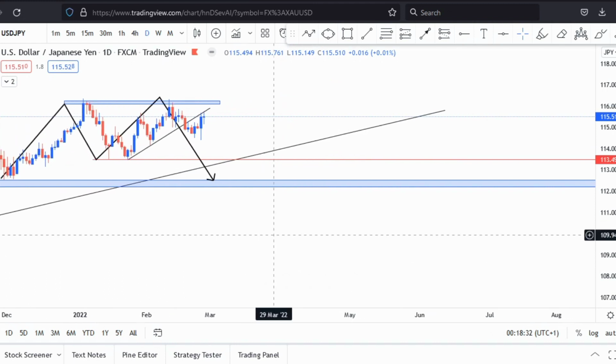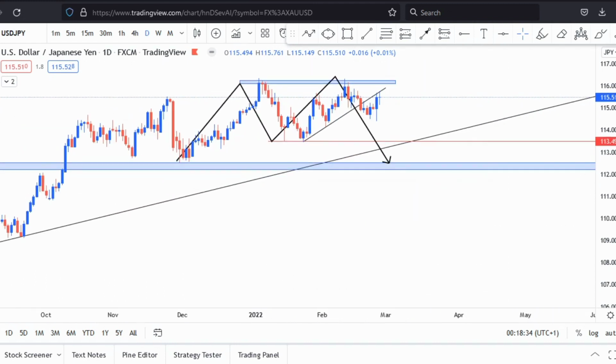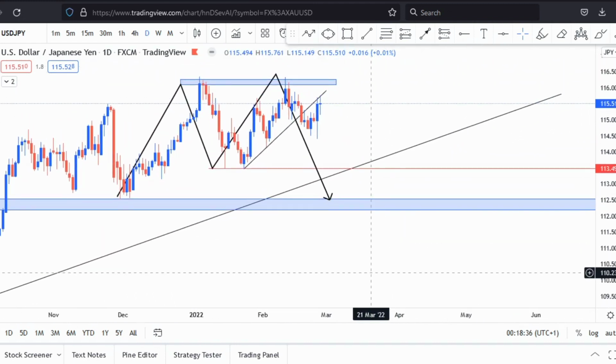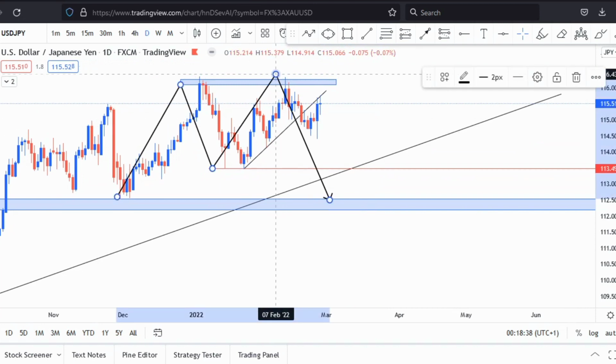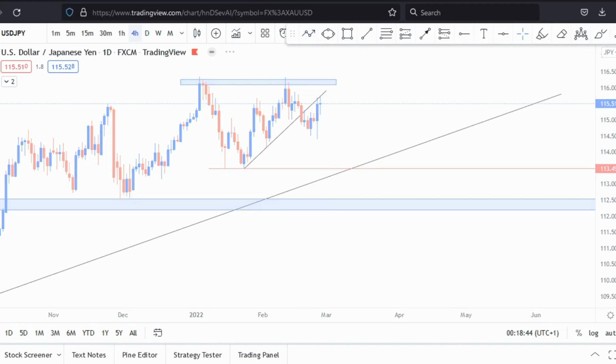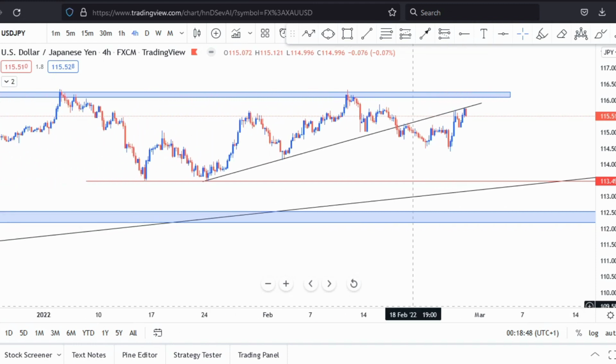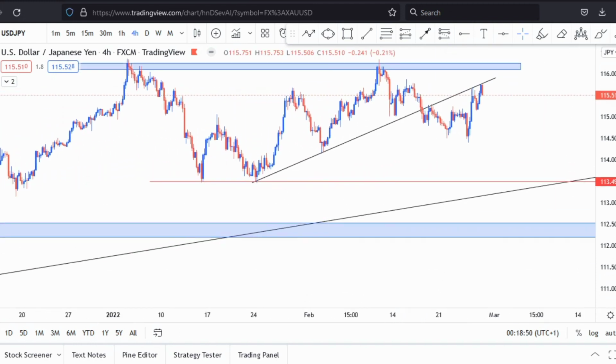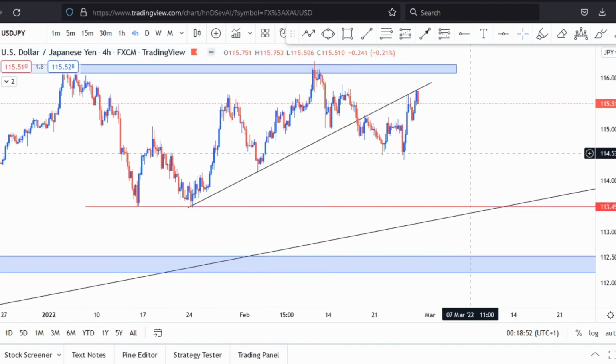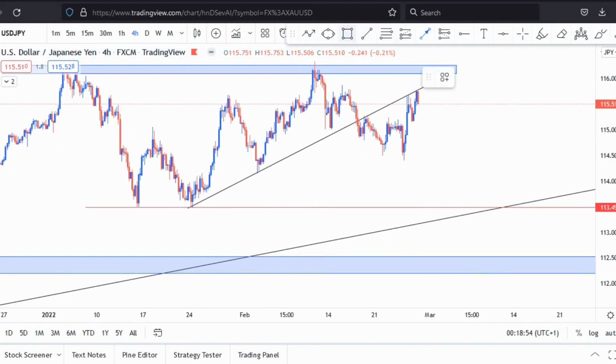Again, if you look at this closely, and if you look at it on the 4 hour time frame as well, where we normally take our entry, I am also in a sell trade on this USDJPY, and the reason being, one, we've got this break of the trend line.